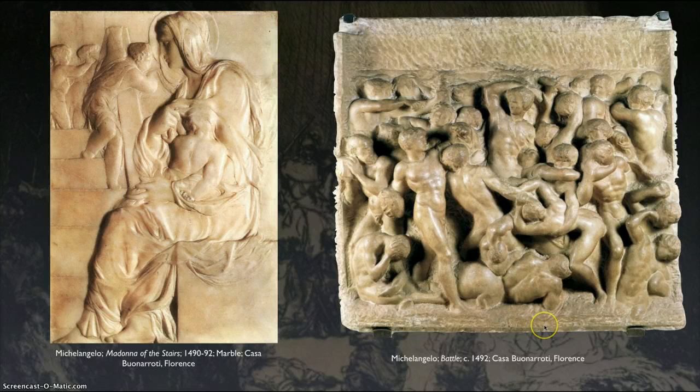Here's another piece of a battle. It looks very much like the Roman sarcophagi in the late Empire that we looked at of the battles. Very deeply incised. The bodies are all very well created, and this is just nothing but men fighting.